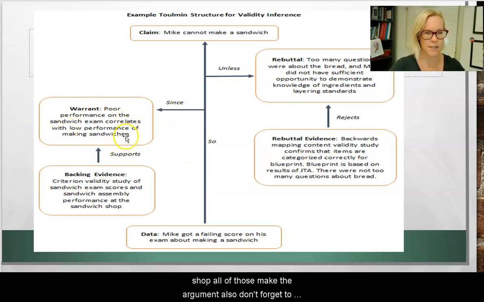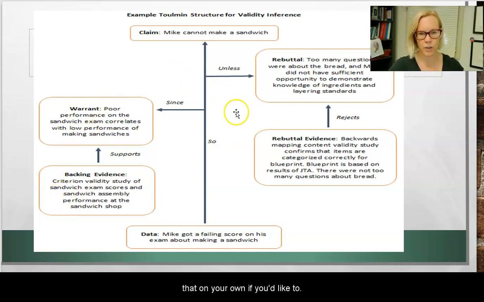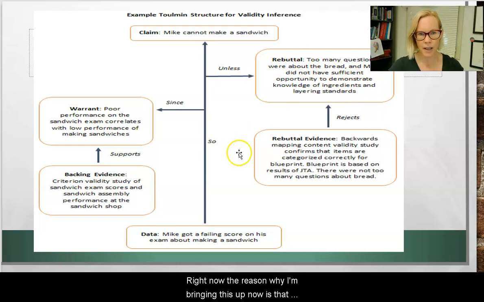Poor performance on the sandwich exam correlates with low performance of making sandwiches. And we provide additional evidence, or that second quote, criterion validity study of sandwich exam scores and sandwich assembly performance at the sandwich shop. All of those make the argument. Also, don't forget to include a rebuttal and possibly rebuttal evidence.